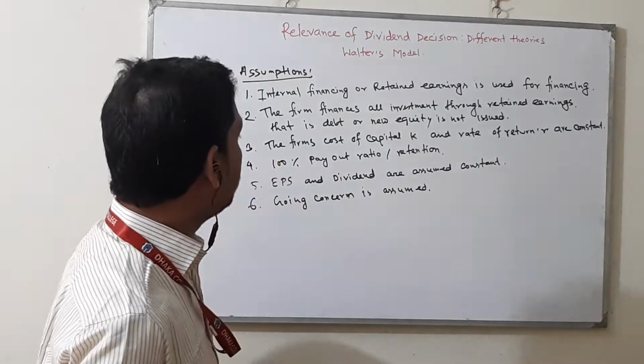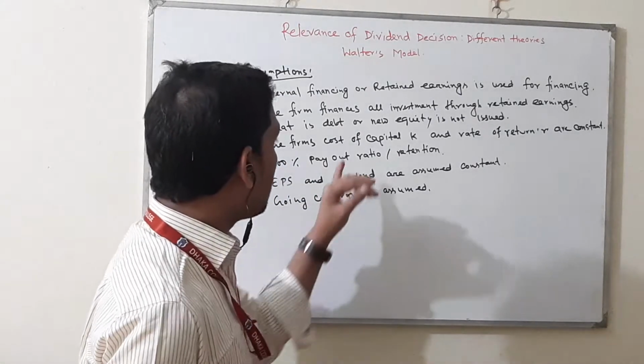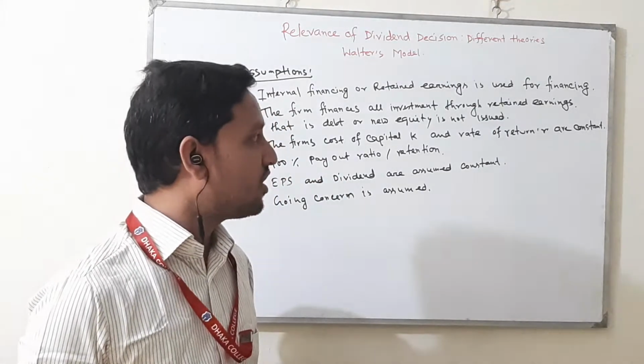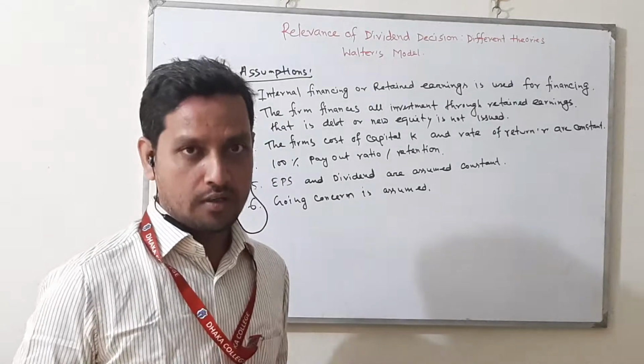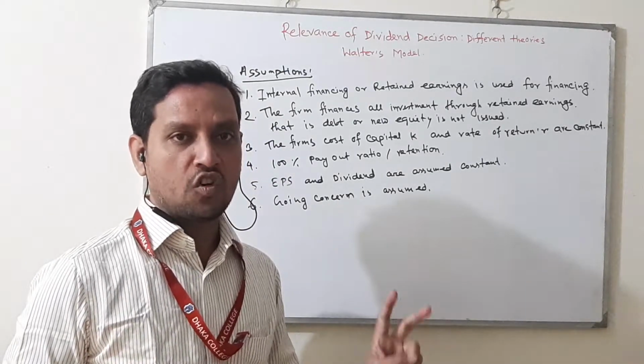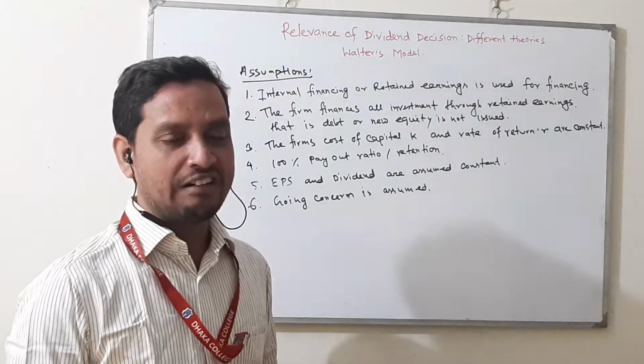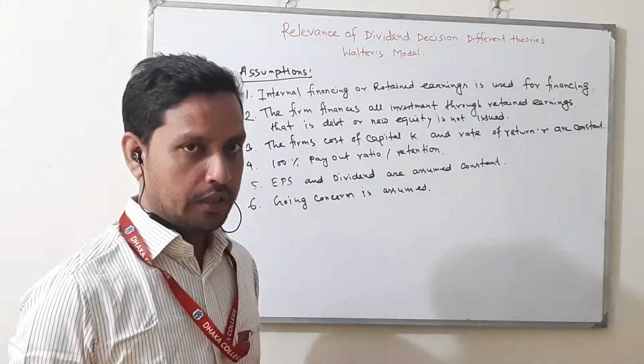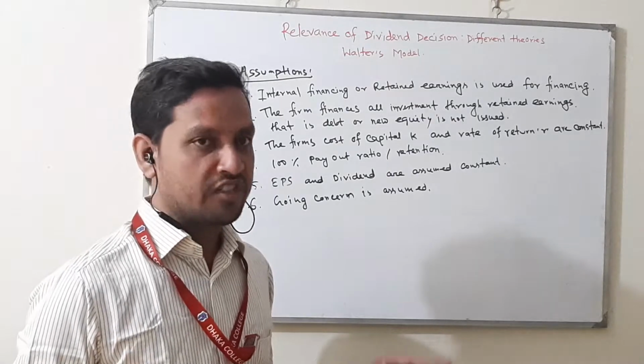Then three, the firm's cost of capital K and rate of return R are constant. I mean fixed, it never changes here.